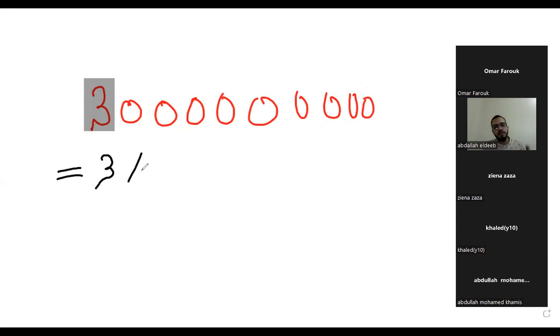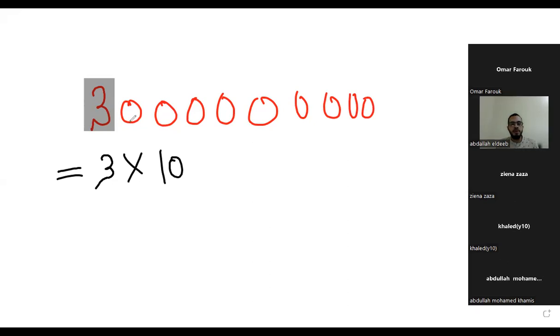Then write times, and then write 10. And count all the zeros after 3. So it is 1, 2, 3, 4, 5, 6, 7, 8, 9. So it is 3 times 10 power 9.